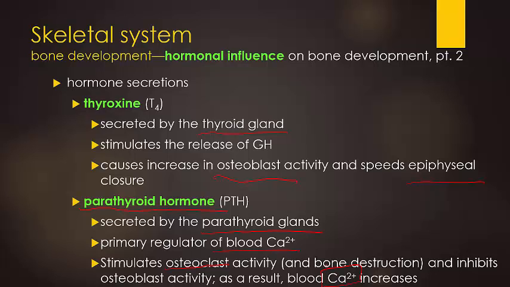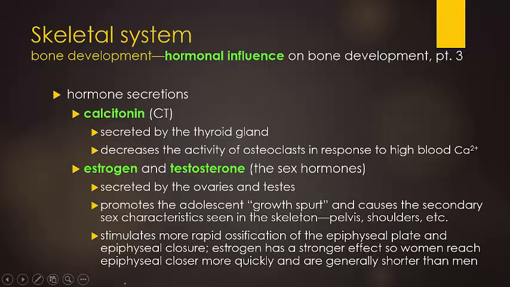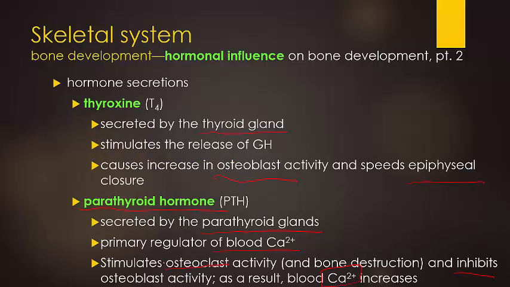It also will step in and inhibit the activity of osteoblasts, so it'll slow bone building. So it increases bone breakdown and inhibits bone building, and between these two effects, blood calcium then increases.